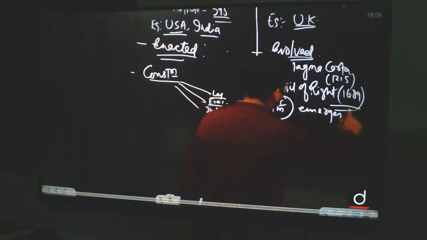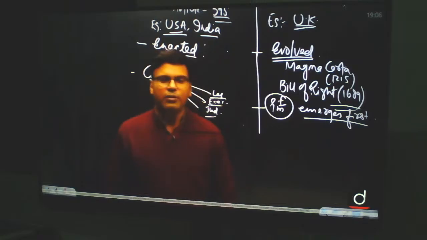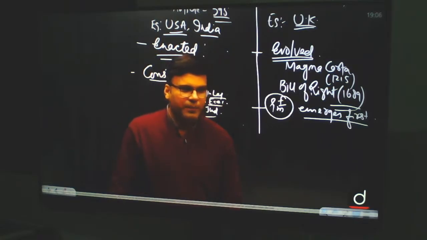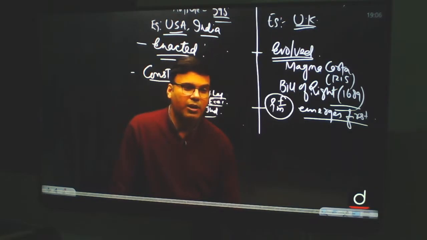पार्लियामेंट इमर्जेस फर्स्ट. अभी जो कहानी मैंने सुनाई आपको कि देयर वाज अ कांस्टेंट क्लैश बिटवीन लेजिस्लेचर एंड मोनार्की. So which means there is no constitution because there is no written document, but parliament emerged first and parliament became the source of all laws. That is why in the unwritten constitution model there is supremacy of the parliament.